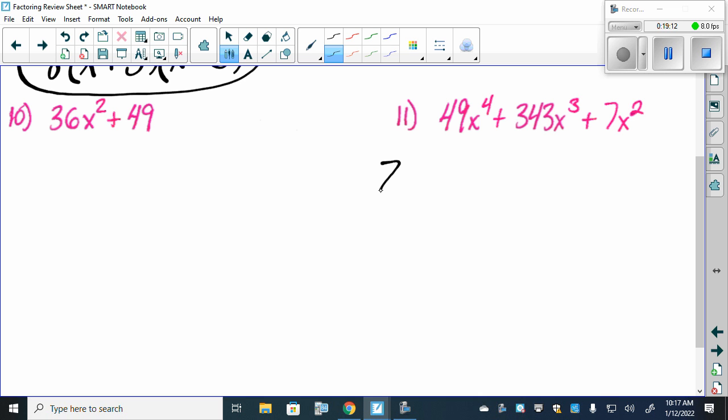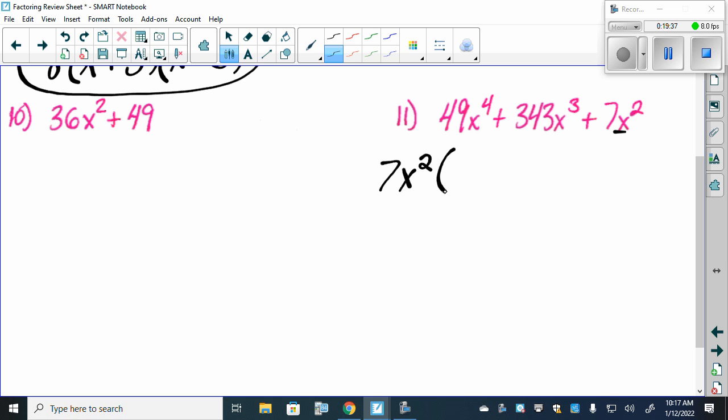And it is. So we can factor out a 7 and an x squared, because all three terms do have x, and whenever we're factoring out a term, we're really taking the smallest one of the group. If we're talking about variables with exponents, the smallest one is x squared, so we can factor it out.